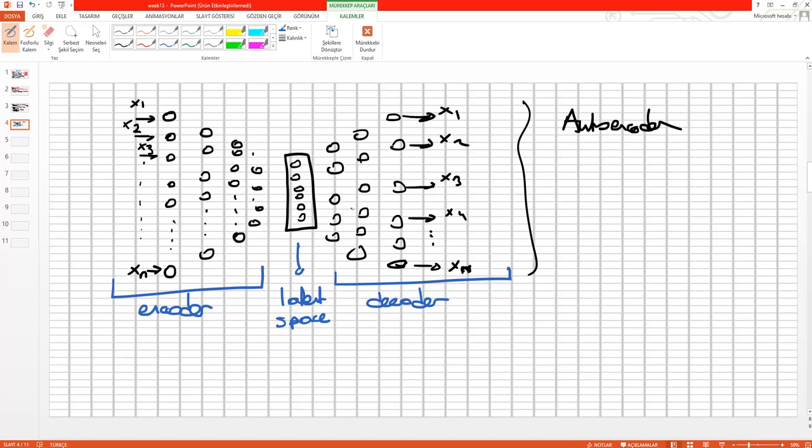Okay? The encoder and decoder are utilized in this space, and this latent space contains the main features or the main characteristics of these terms. If I use this algorithm, I can learn the input data features by using these terms. Okay? This is the basic idea behind the autoencoder structure.